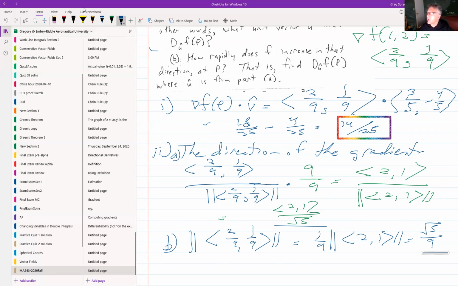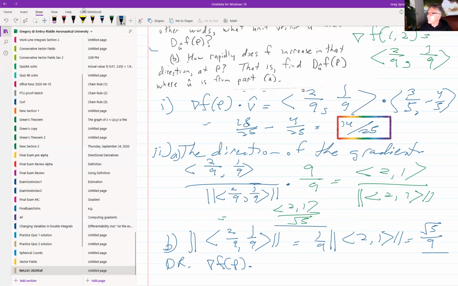So you take the gradient of f at p and take its dot product with the unit vector that we just found.